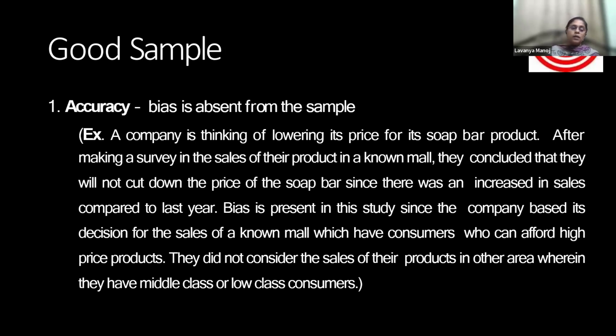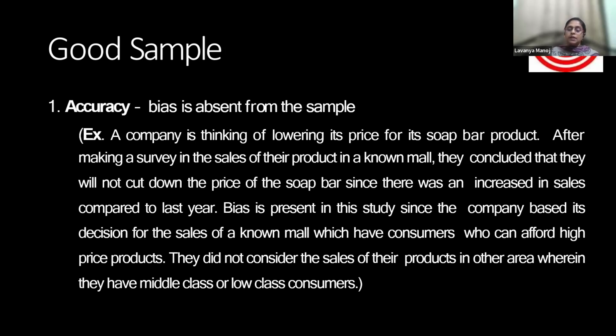Imagine the other consumers who are below average: below middle class, lower middle class and lower class. They may not be going to malls to buy the product, right? They may be going to a nearby kiosk or a retail outlet to purchase the product. But the company has ignored that fact.